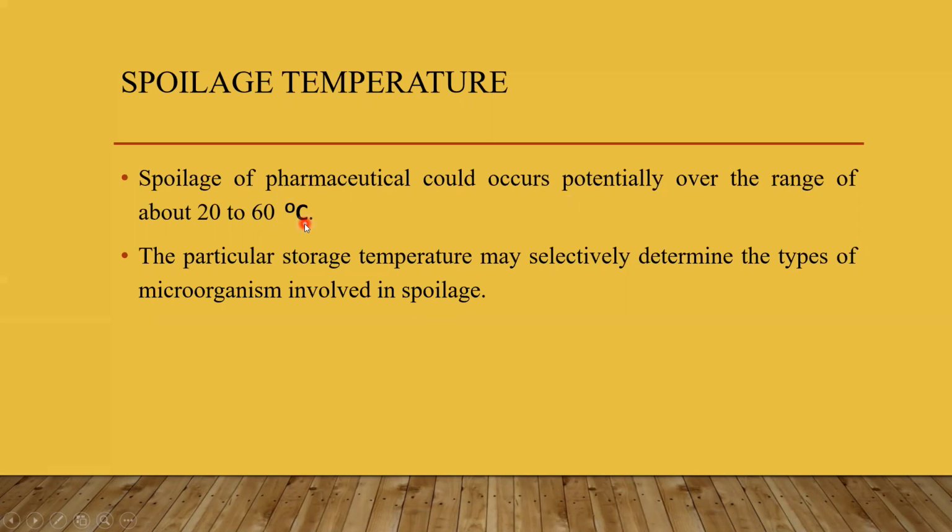The spoilage of a pharmaceutical formulation occurs when the temperature is in the range between 20 to 60 degrees Celsius, and above this temperature the spoilage of the pharmaceutical formulation occurs.